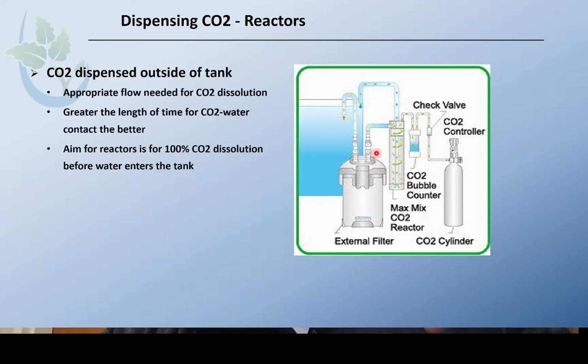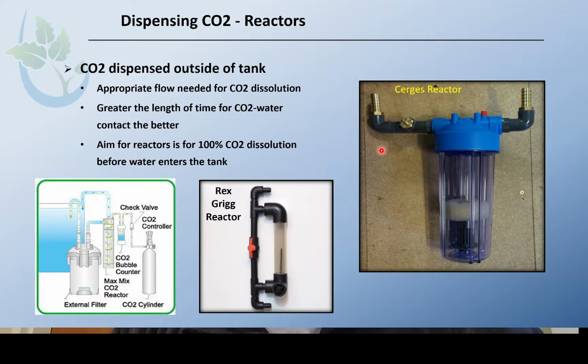There's different types of reactors. The two different types that I've used are the Sturgis reactor. This is basically a water softener, a water filtration unit. You have pipes that connect to the input and output of the filter. You create a way for the CO2 to go in, and it basically mixes the CO2 as it goes in.